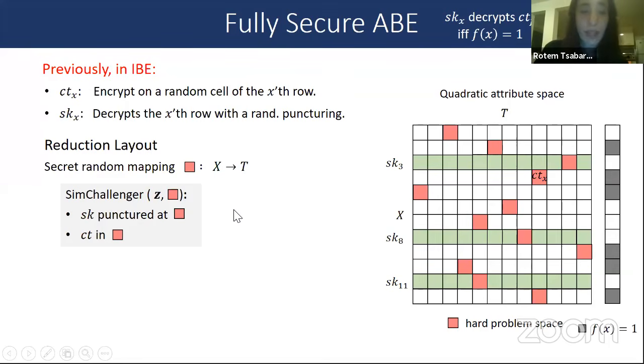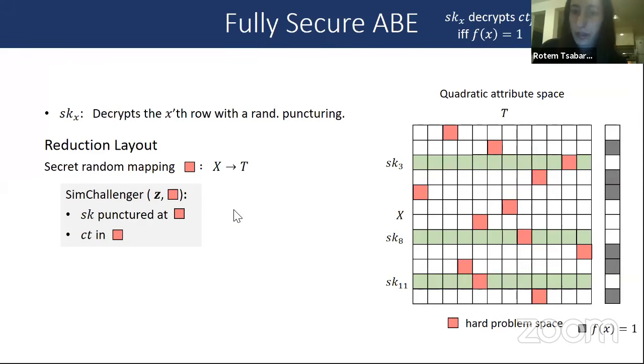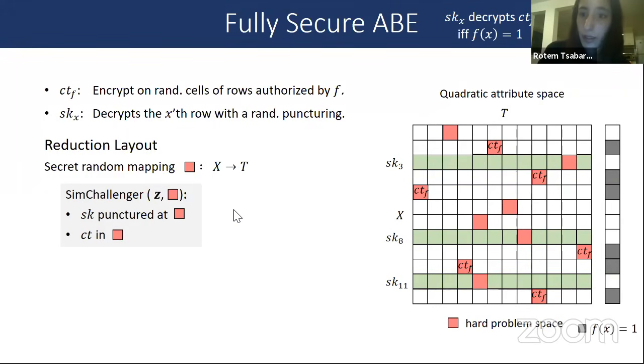So again, if we ignore just for this moment efficiency issues, there is a trivial way to go from IBE to ABE, which is to simply generate multiple ciphertexts. Assume that for every authorized attribute, we generate a fresh ciphertext the same way we did in the IBE.